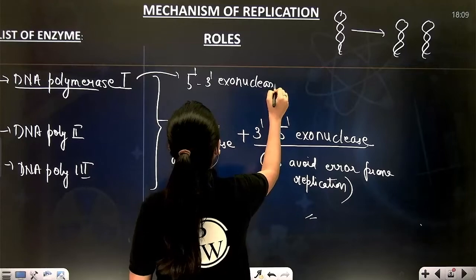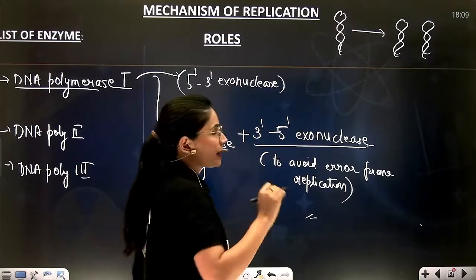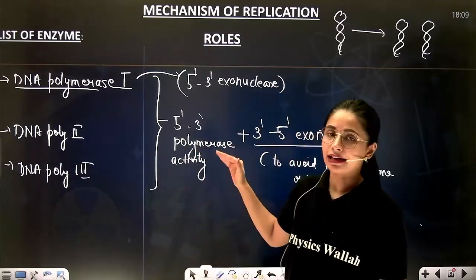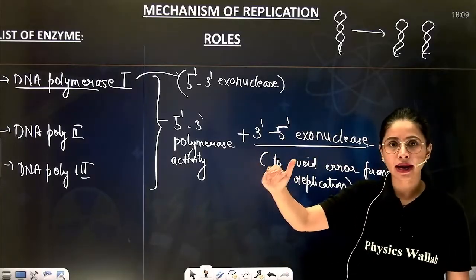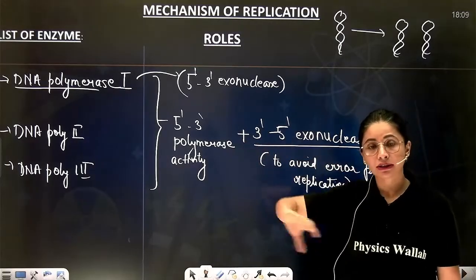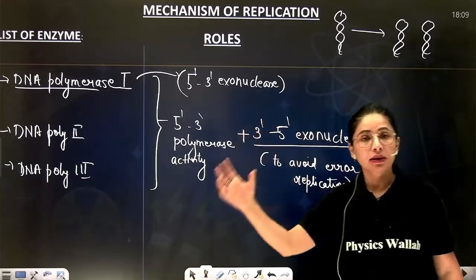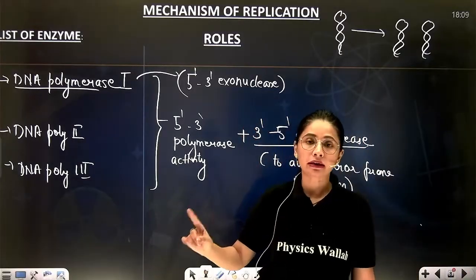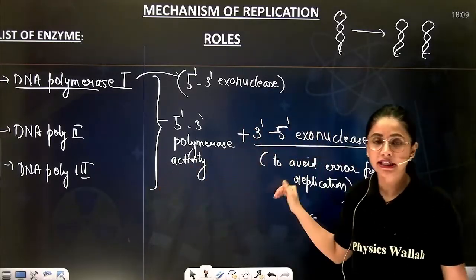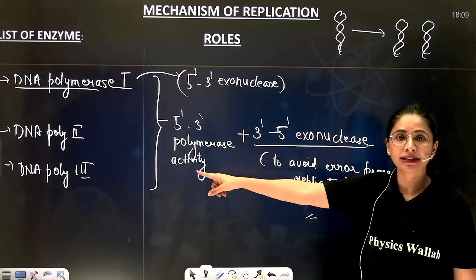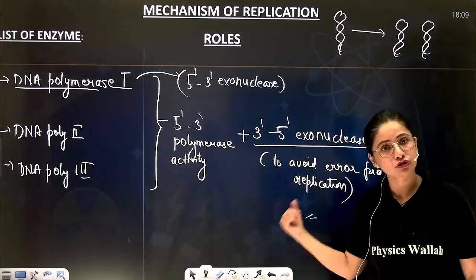So the two common activities are 5' to 3' polymerase, that helps in the synthesis of the daughter strand. Now, to ensure that all the nucleotides which are added are complementary and no error in replication takes place, each and every polymerase enzyme has 3' to 5' exonuclease.